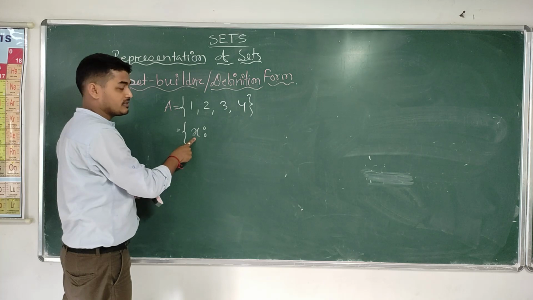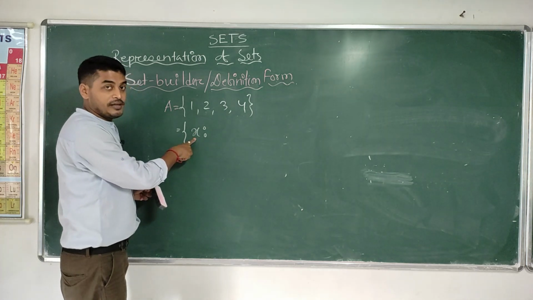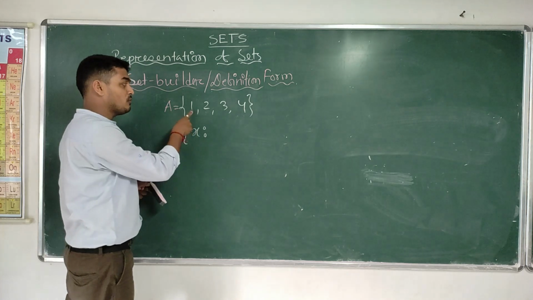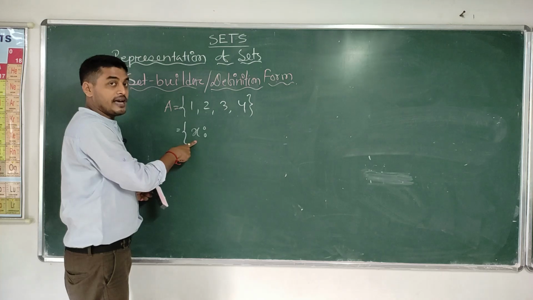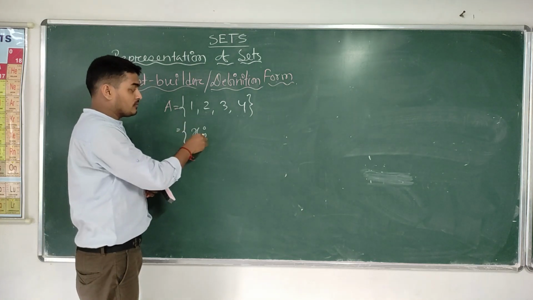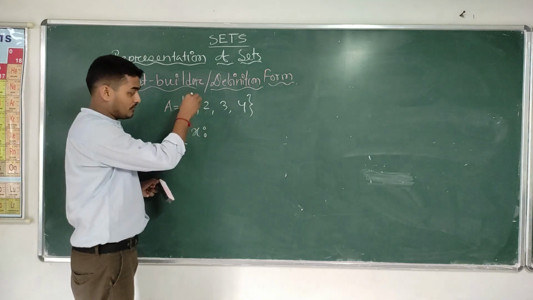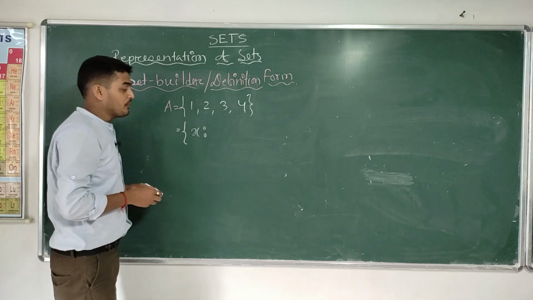To represent all the elements of the given set you have to consider a variable. x means maybe 1, maybe 2, maybe 3, maybe 4. To represent all the elements I have written x here. Then it is followed by a colon. You can also see this as a slash or a line, but generally we use a colon.